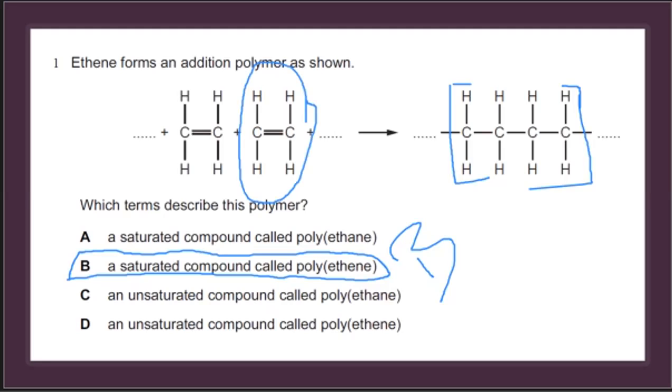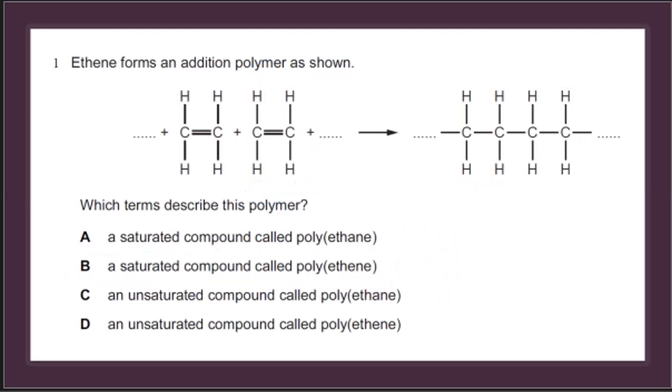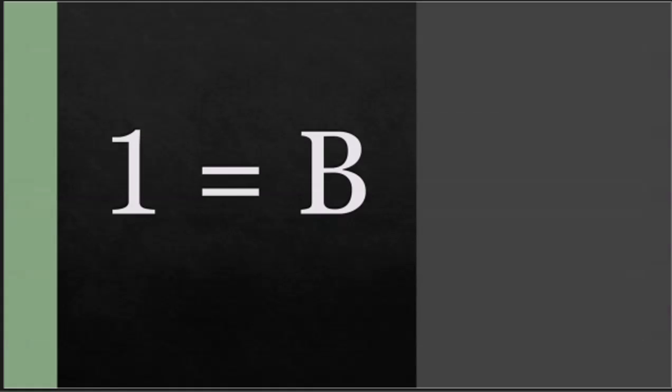But it's not an alkane in that it has the name of the alkene, because the double bond from the alkene is broken and that unit is repeated over and over and over. So the answer to this question, in my opinion, is B as in boy.